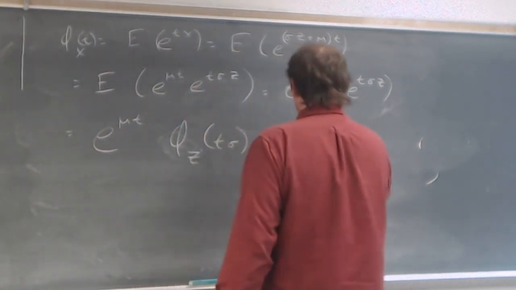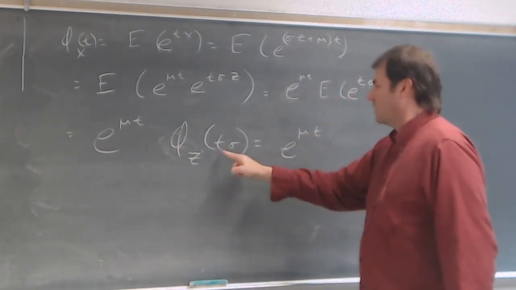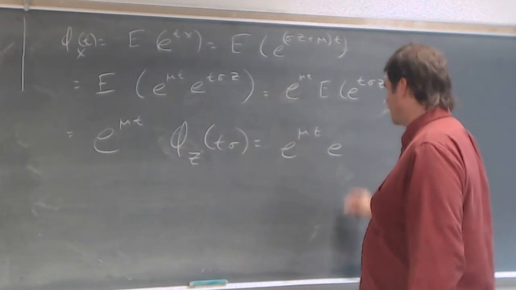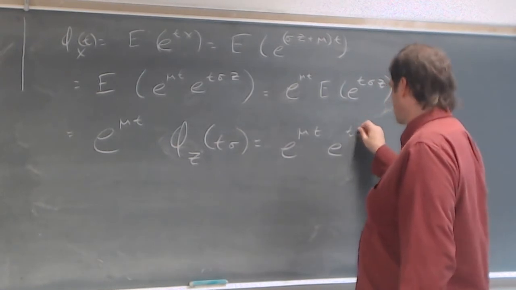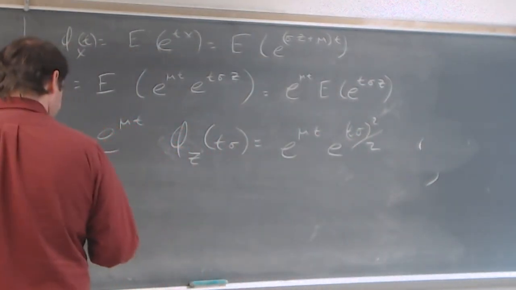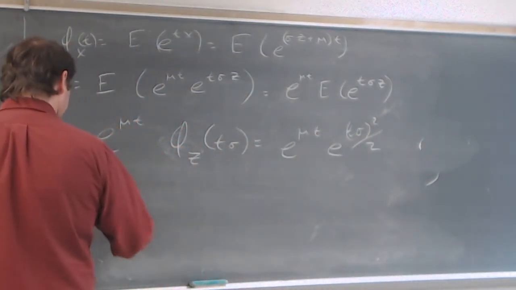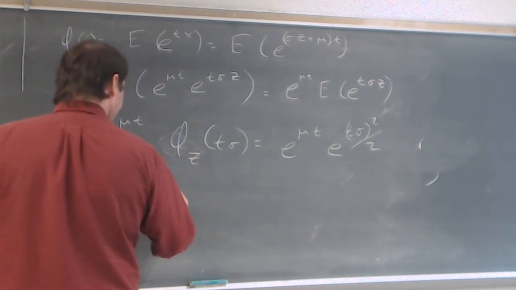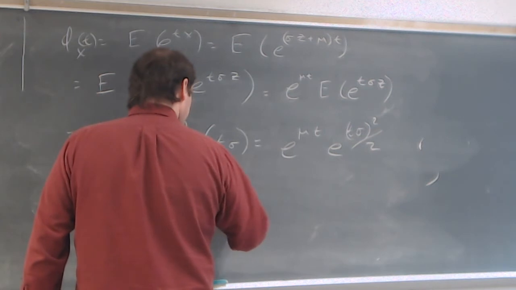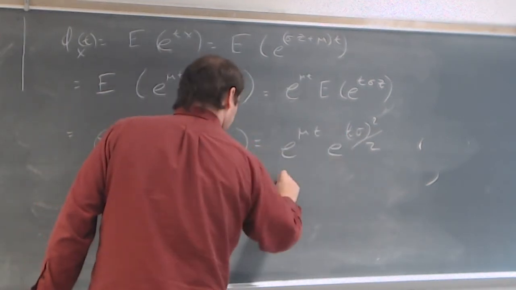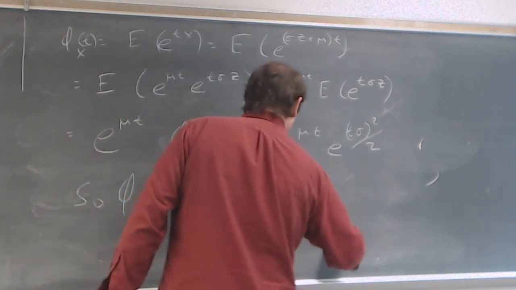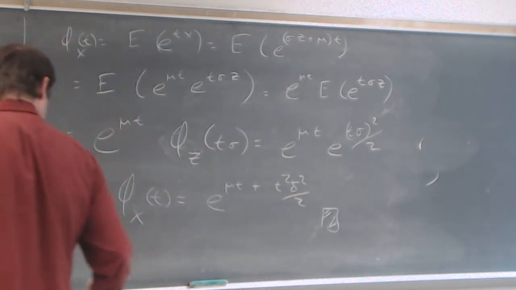Now remember what this was: e to the (t sigma) squared over 2. And so phi of x of t is going to be equal to e to the mu t plus t squared sigma squared over 2. And that's what we said it was going to be. That's the answer.